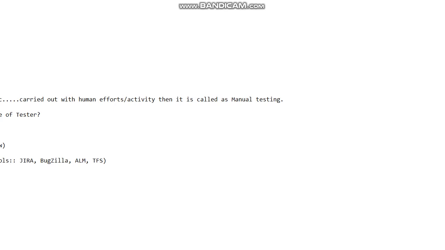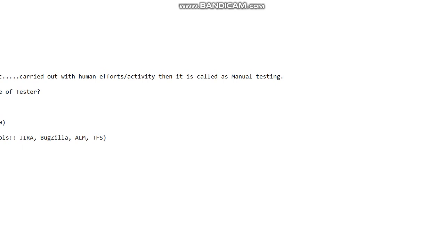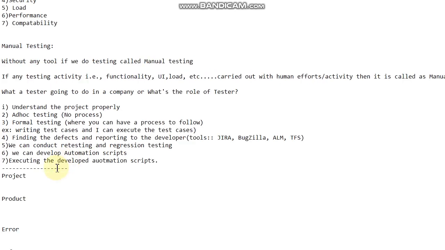What is a product? What is an error? What is a defect? And what is a failure? These terms must be known by a tester if you want to start your career as a tester.